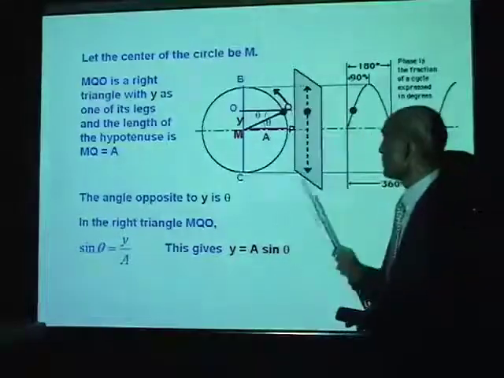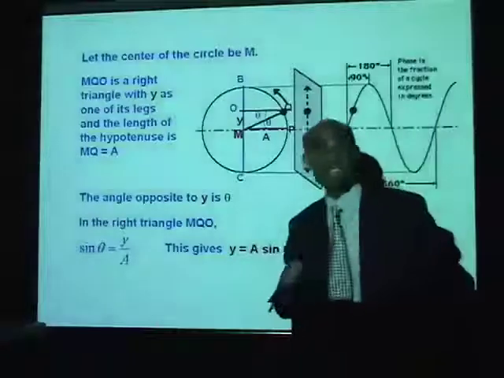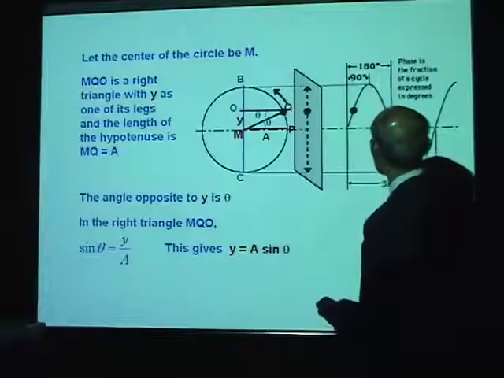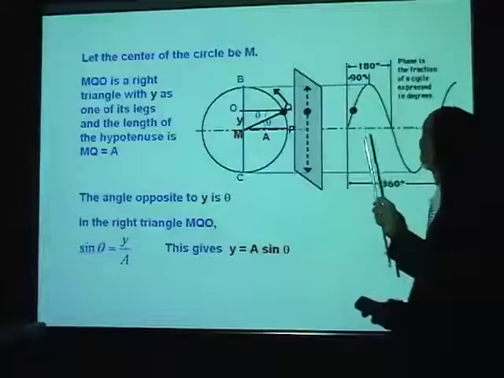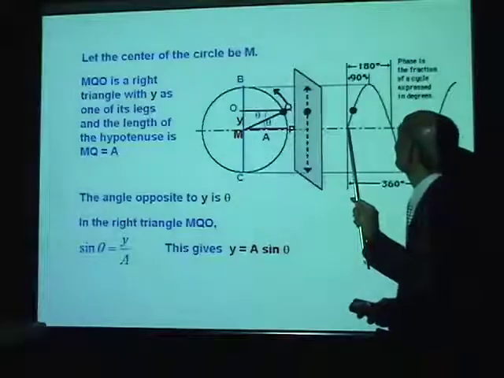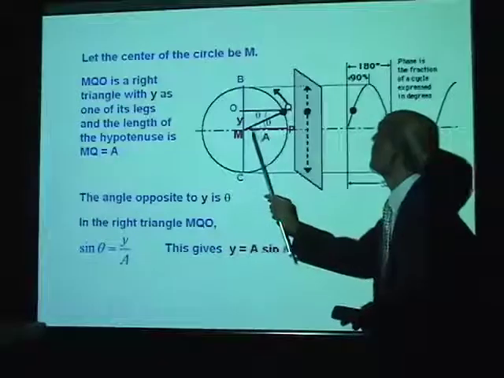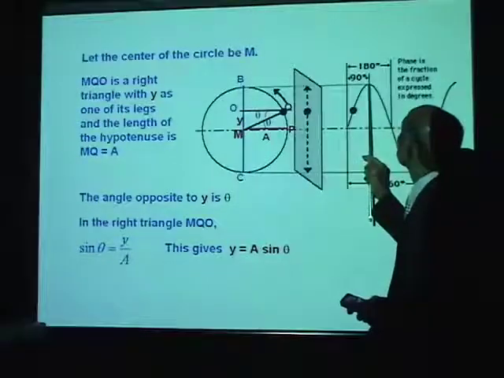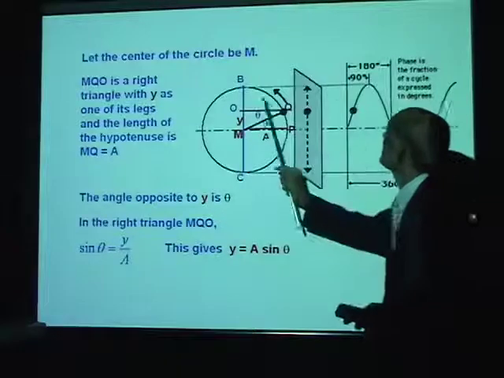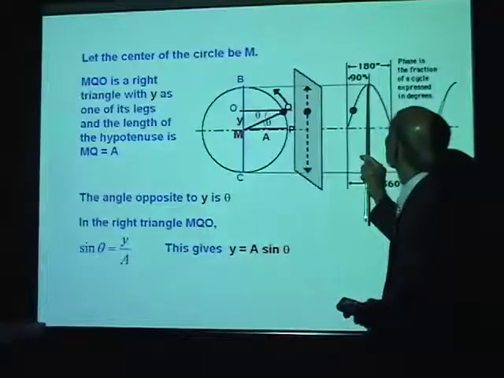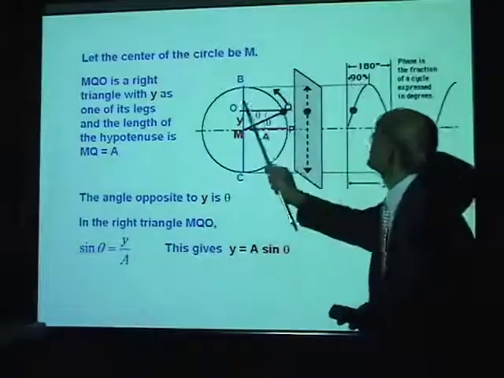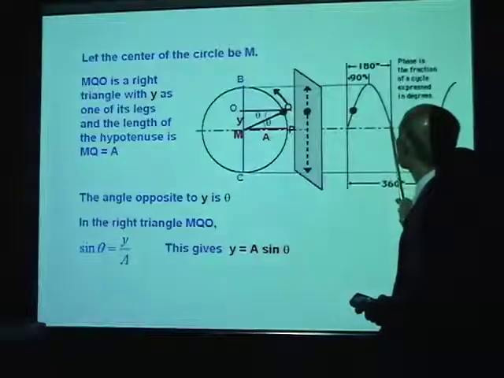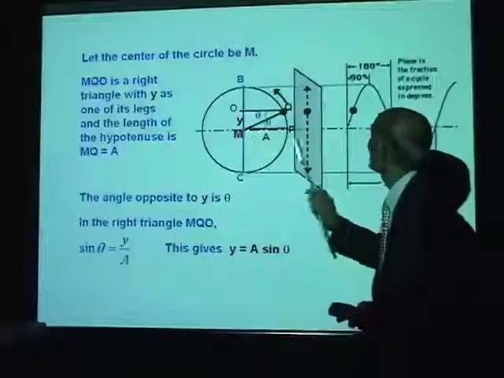And if you know the graph of sine of an angle, you know it looks like this. This is the graph of sine theta. You see, when theta is 0, y is 0. When theta is 90 degrees, our y is maximum, equal to A. When theta is 180 degrees, displacement is 0.